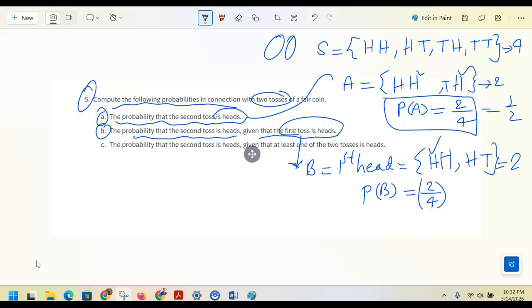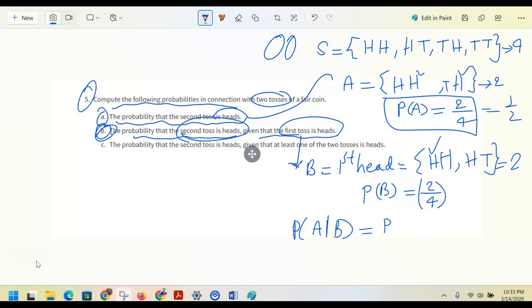The question is asking for the probability of second head when you know it is B, meaning the first one is already head.